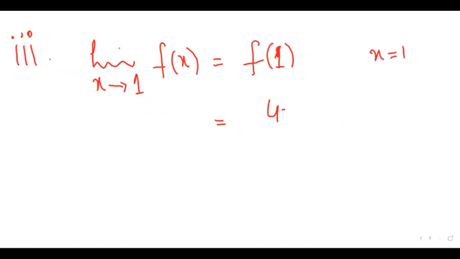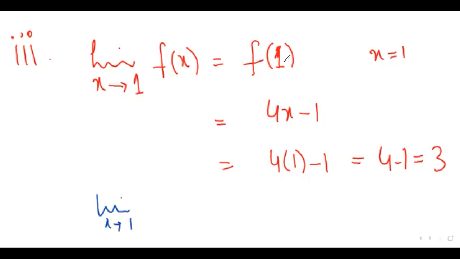So it is 4x minus 1. And if we replace x with 1, so you can see limit x approaches to 1 f of x and f of 1 both are equal. So this function is continuous because it satisfied all conditions. So that's why we are going to consider this function as a continuous function.